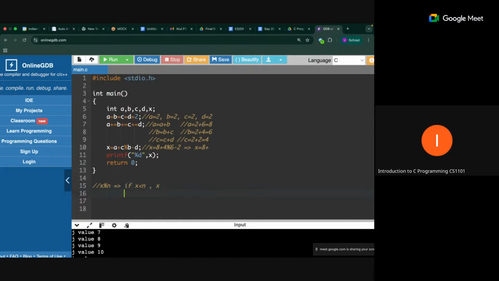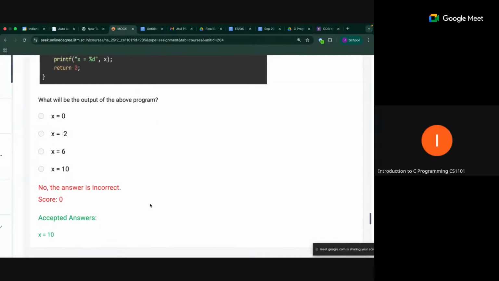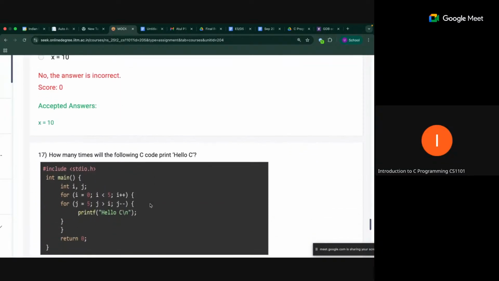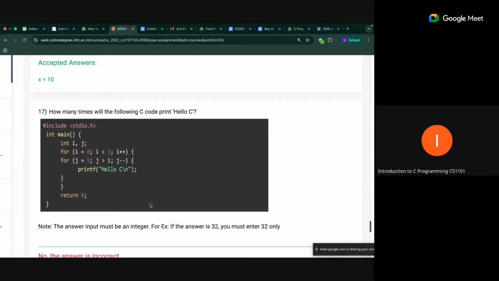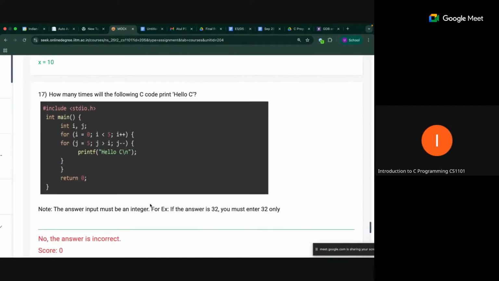Otherwise, we have to take the modulo, the x mod n value, like the remainder: we take the division and then find the remainder of it. So here 4 is less than 6, so 4 itself will be the answer. Minus 2. Now what will be the x value at the end? 10. Is that clear to you all? Yes, ma'am. Okay, how many times will the following C code print hello?